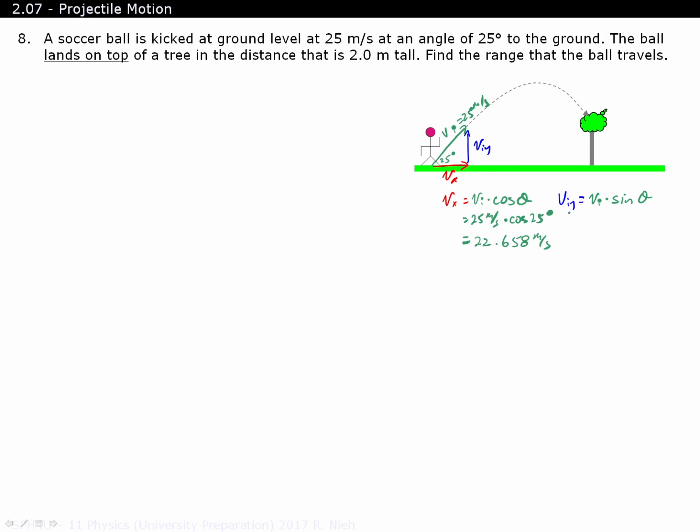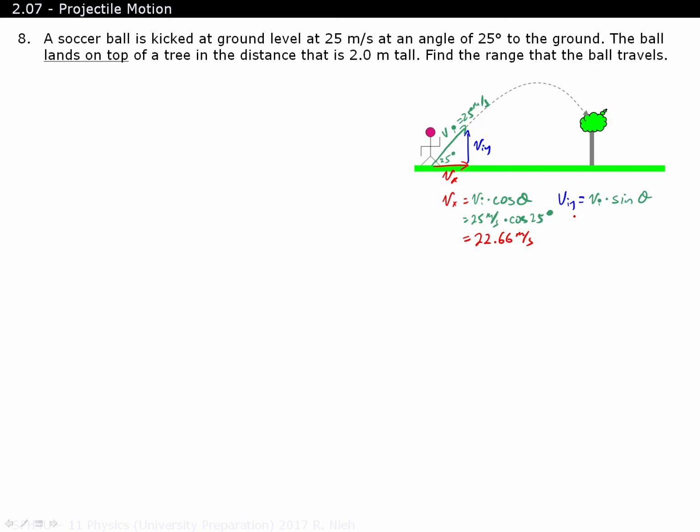How many sig figs shall we carry? Well, I suppose we don't need to carry that much at all. If our givens are 2 sig fig, then our intermediate calculations should at most be 4 sig fig, so I'll just stick with that: 22.66 meters per second.